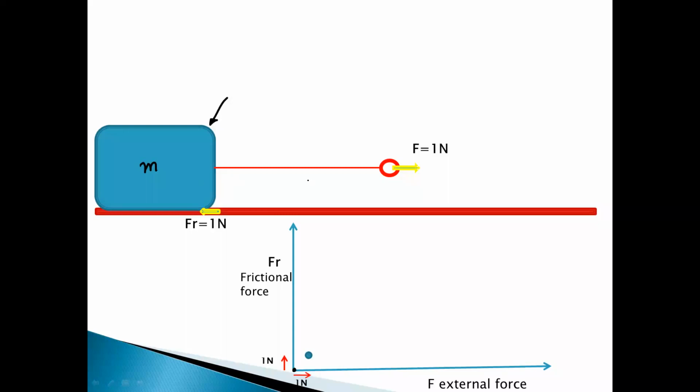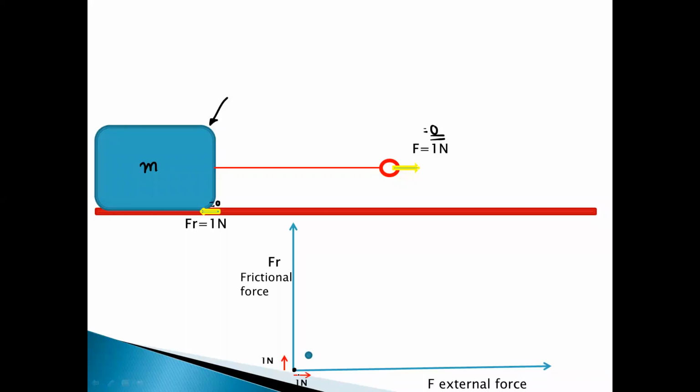So on this object, initially we apply just zero force. When we apply zero force, that means there is no external force on this object. The frictional force will also be zero.